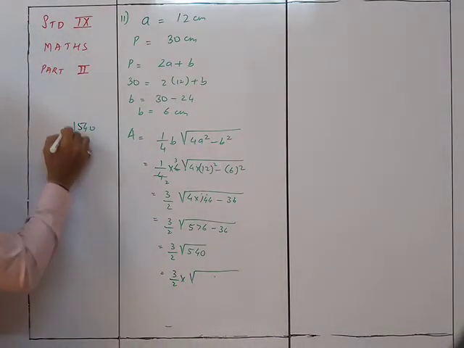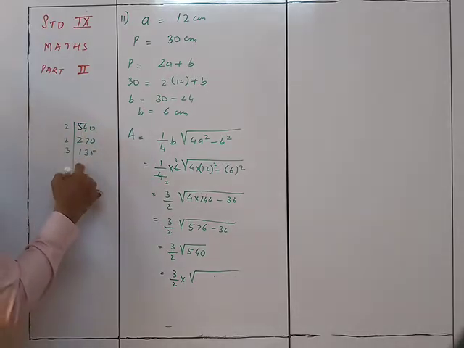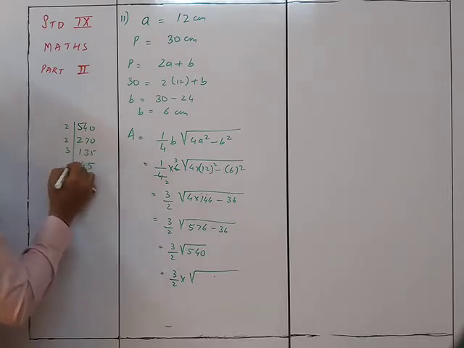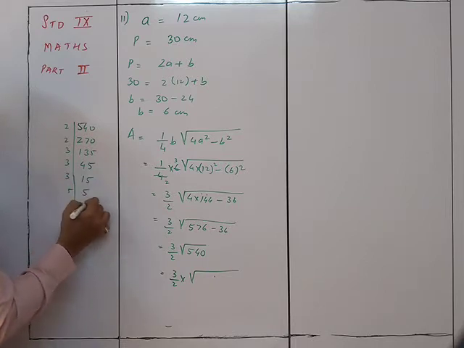540: this is 2 times 270, 2 times 135, then 3, 3 fours are 12, then 15, 5, 3, then it will be 5, 5 and 1.